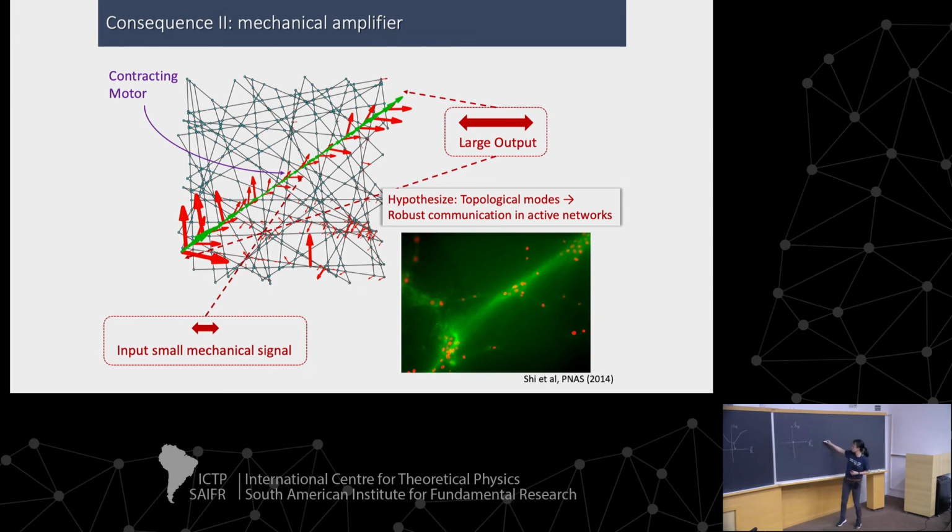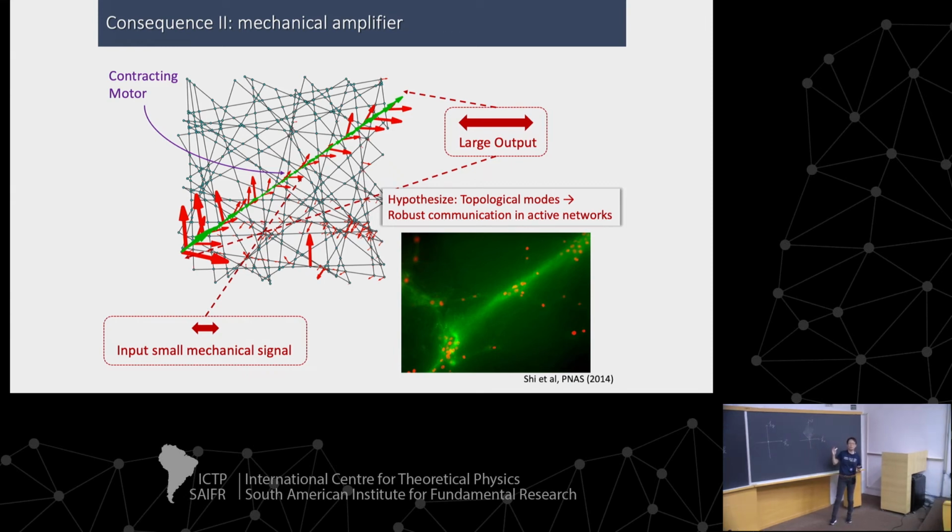So if you draw omega versus kx, the bulk bands always occupy this. We never have a complete gap unless you pin the system. So you will have zero modes that come out like this. And if you give it a given ky, then there is a gap.